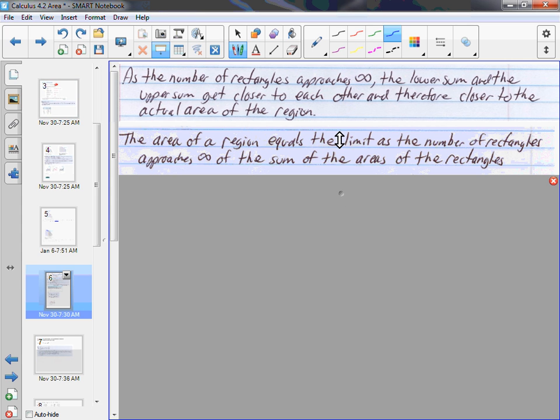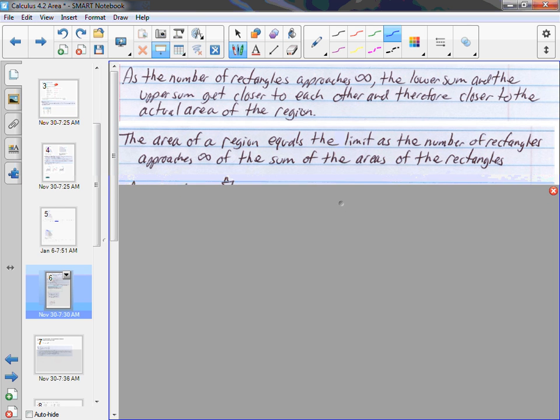Now, the area of a region, and I would write this down if I were you, equals the limit as the number of rectangles approaches infinity of the sum of the areas of the rectangles.